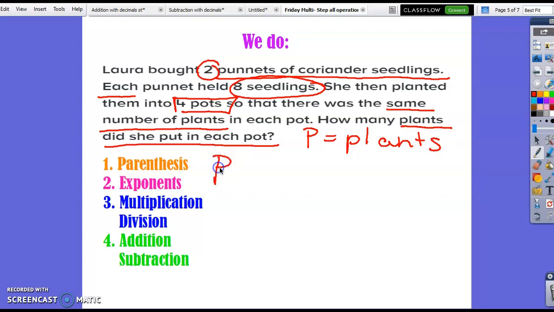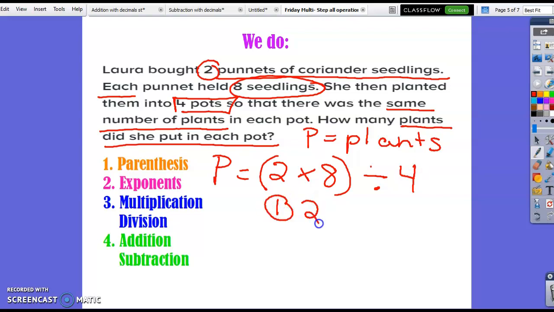So if we have P equals, you should have seen that there were 2 sets and 8 in each one. Then you're going to divide them into 4 to get how many goes into each. So your step 1, you should have had 2 times 8 equals 16.